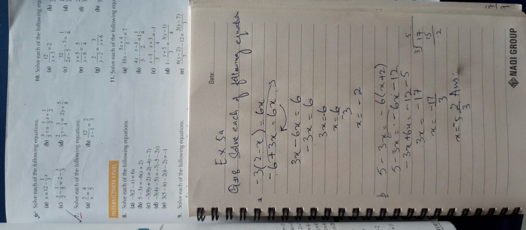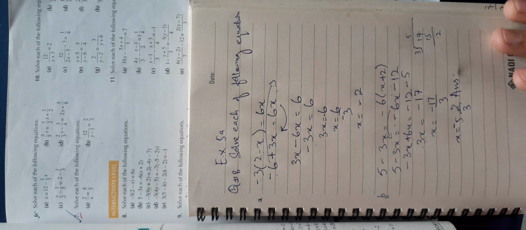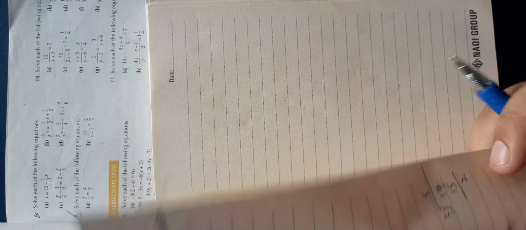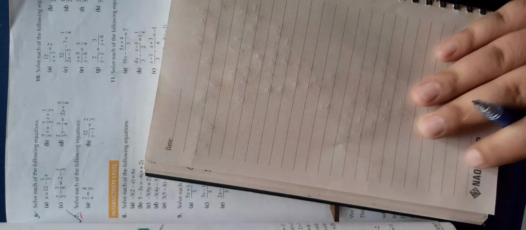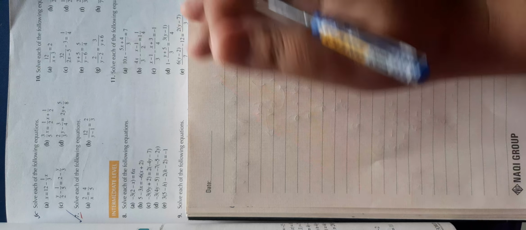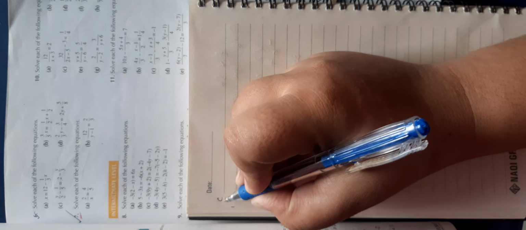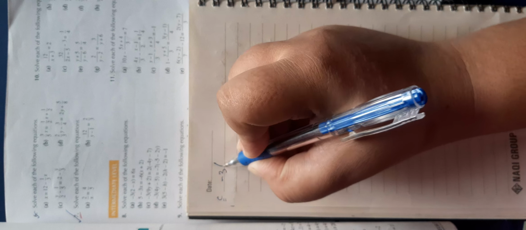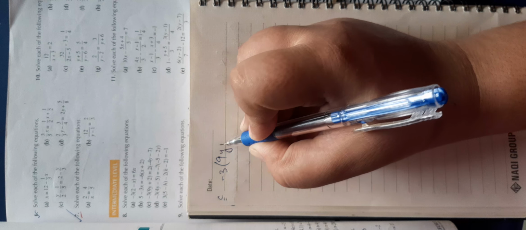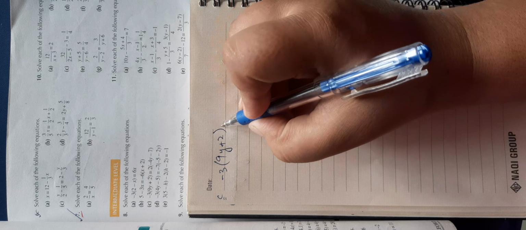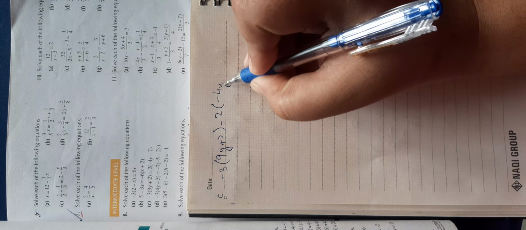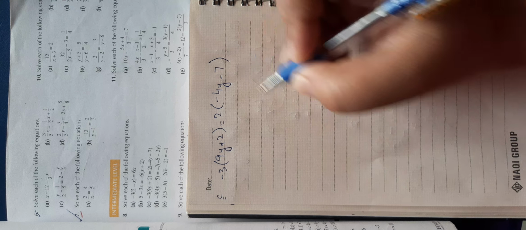Now we're moving to the third part, that is C. C part is minus 3 into (9y plus 2) equals 2 into (minus 4y minus 7).